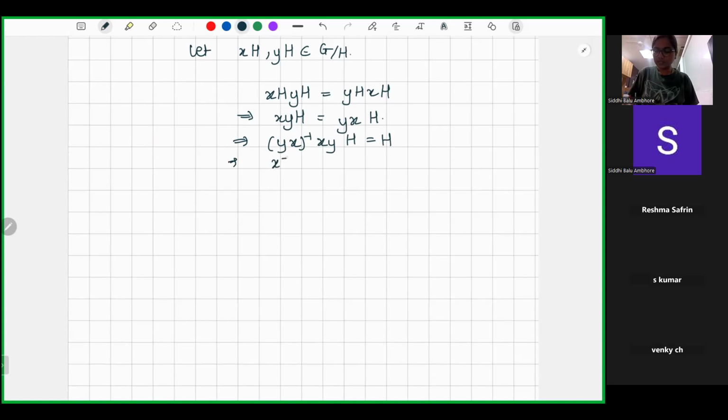And this is what x inverse y inverse x y H is H. This is true because an element of this form belongs to H anyway. So this has to be equal to H. If we backtrace it like this, it anyway happens. So this is true. Any doubts here?